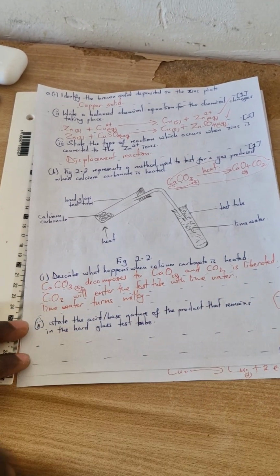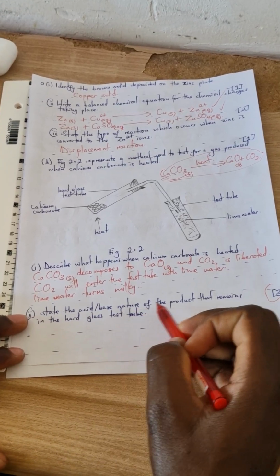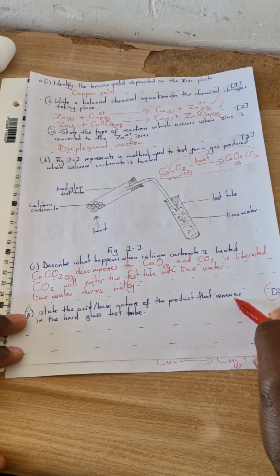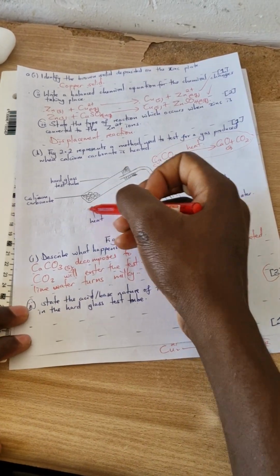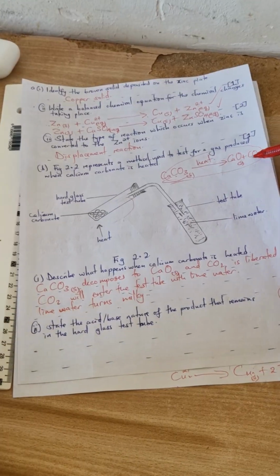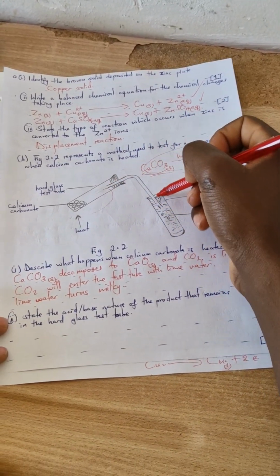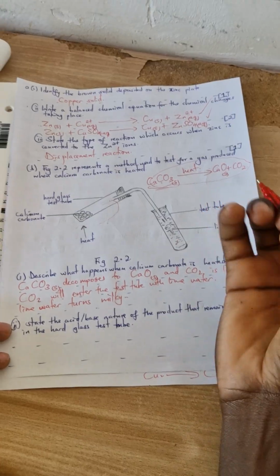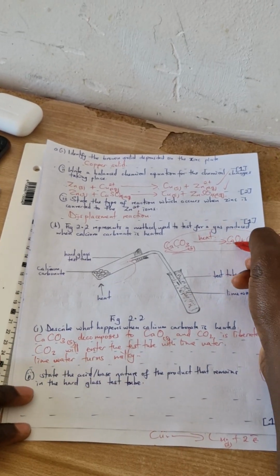Then the last one, but not the least, is saying state the acid base nature of the product that remains in the hard glass test tube, this region. So we have seen that the carbon dioxide produced here will be carried to this test tube containing lime water, but we have not mentioned the calcium oxide.